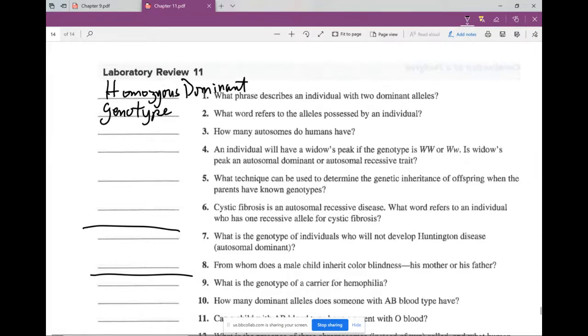How many autosomes do humans have? 22. An individual will have a widow's peak if the genotype big W big W or big W little w is present. Is widow's peak autosomal dominant or autosomal recessive? Autosomal dominant.